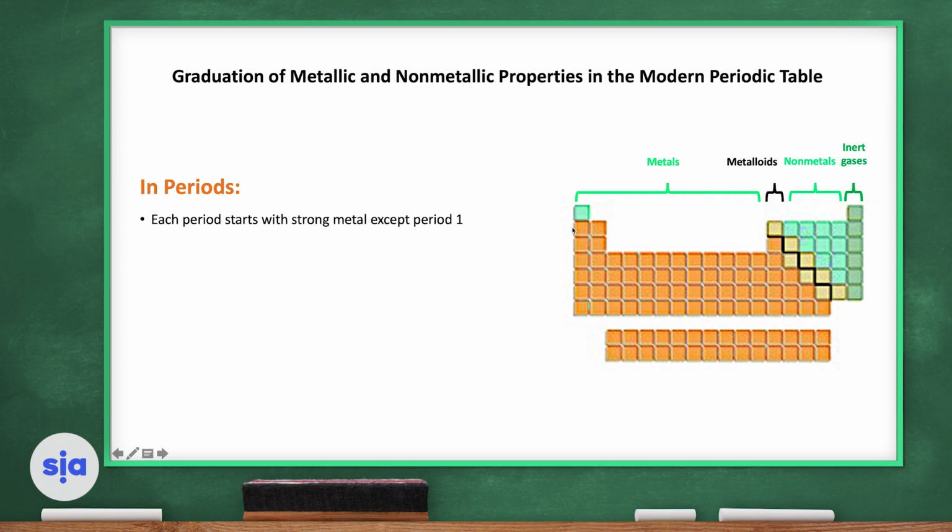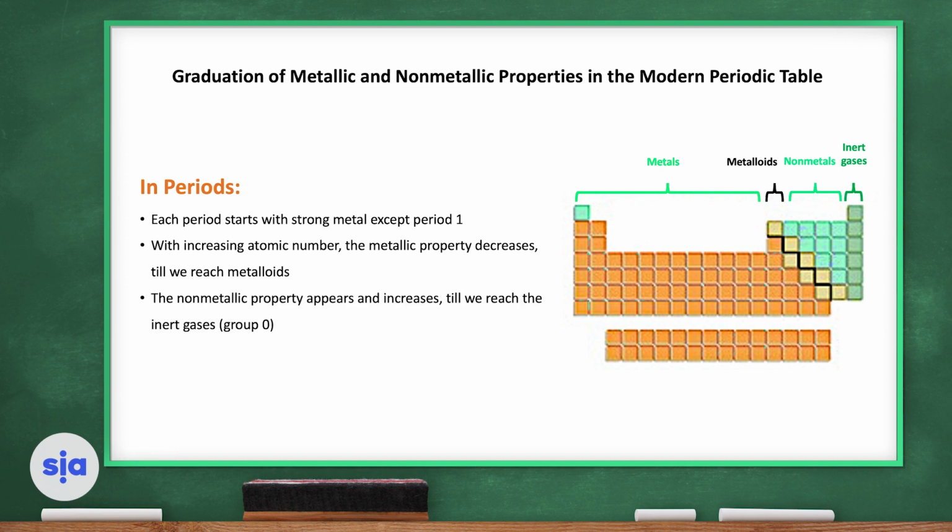So from period 2 till the end, it starts with a very strong metal. With increasing atomic number, the metallic property decreases until we reach the metalloids, which are semi-metals. Then the non-metallic property appears and increases till we reach the inert gases or the noble gases at group 0.